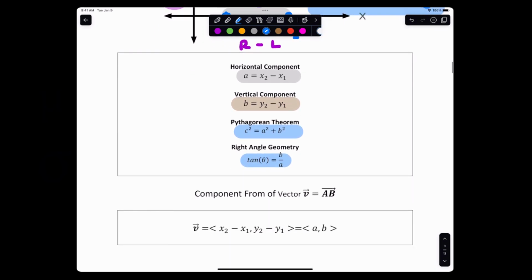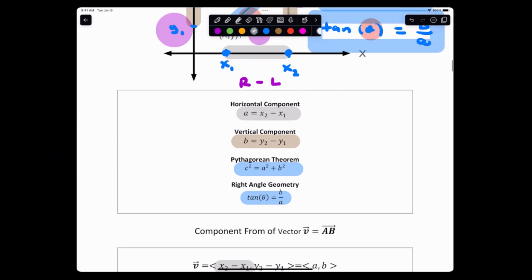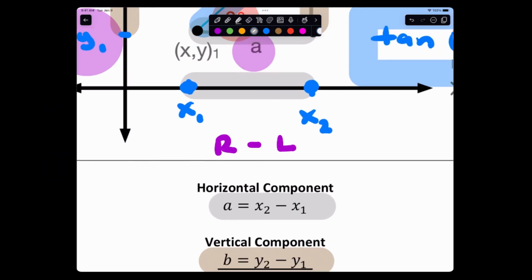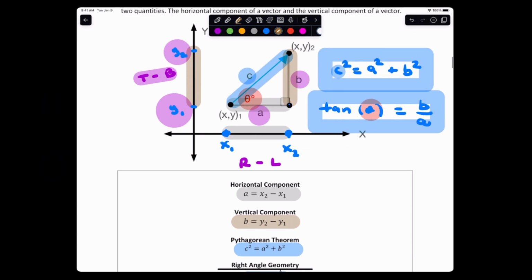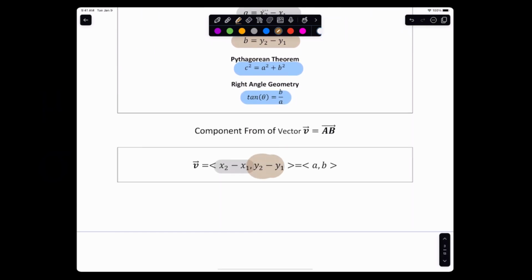Now, I'm going to write this down here. So here's the definition of what's known as the component form of a vector. The component form is when you take that length there, the horizontal component in gray, which was x2 minus x1, and then you take the vertical component, which is y2 minus y1. So you have both the horizontal and the vertical. So here's going to be A, and then here's going to be your what?